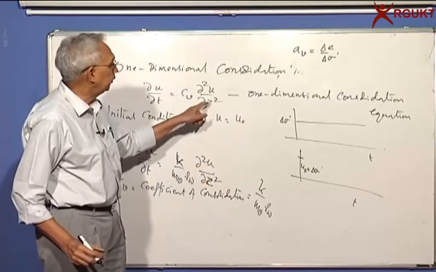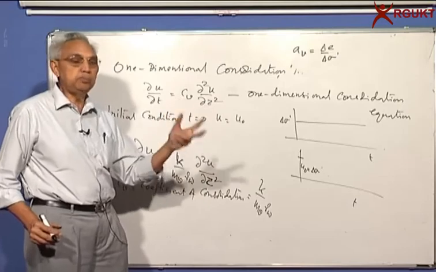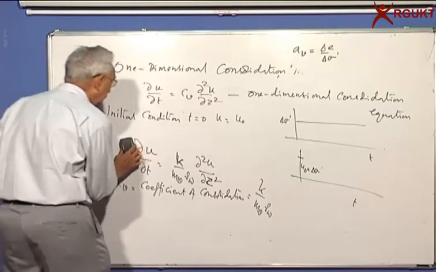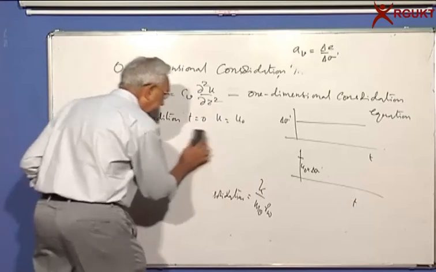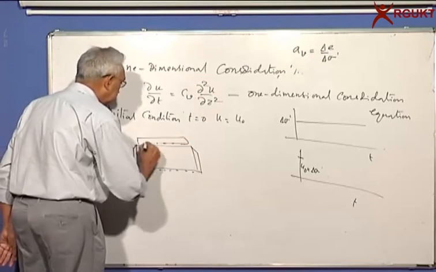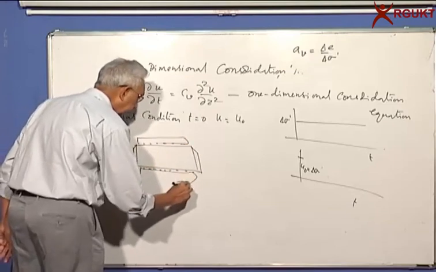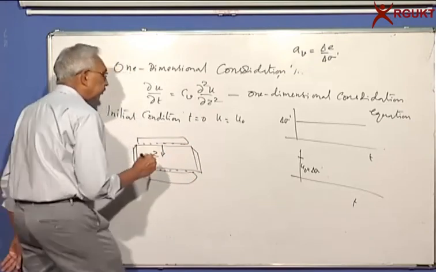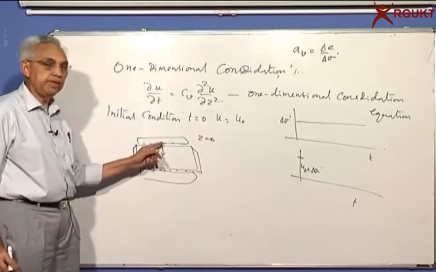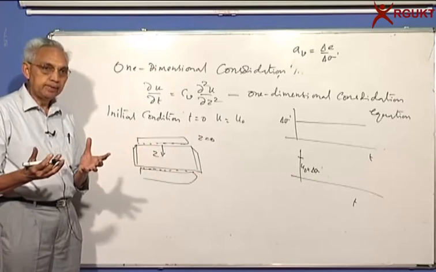Then you have two second derivatives, so you need two boundary conditions. What we look at in the field, or in the laboratory, is this oedometer sample, with a porous stone here and a porous stone here. I am measuring z. At z equal to 0, you have a filter paper and the porous stone.